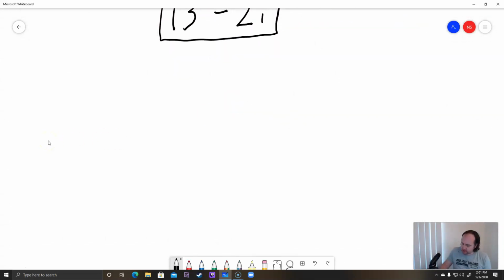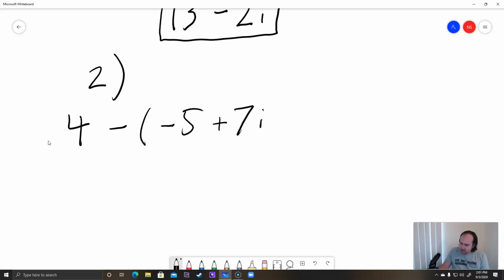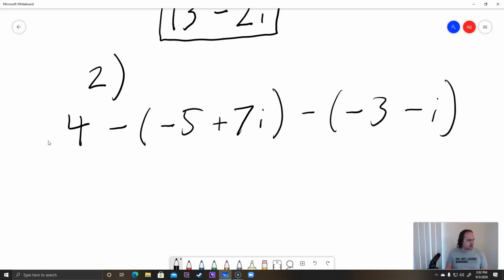Okay, so for example number 2, we're actually going to be subtracting. So here we have 4 minus the quantity negative 5 plus 7i minus the quantity negative 3 minus i.